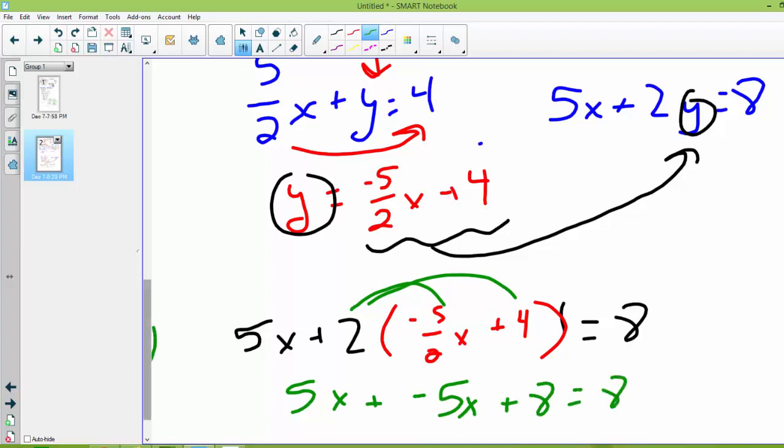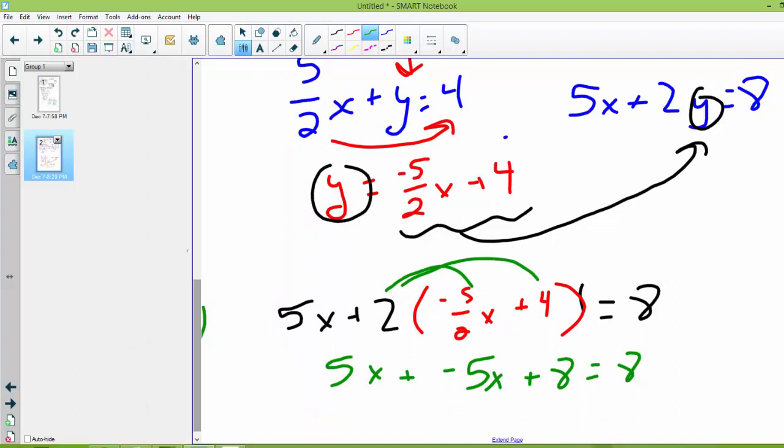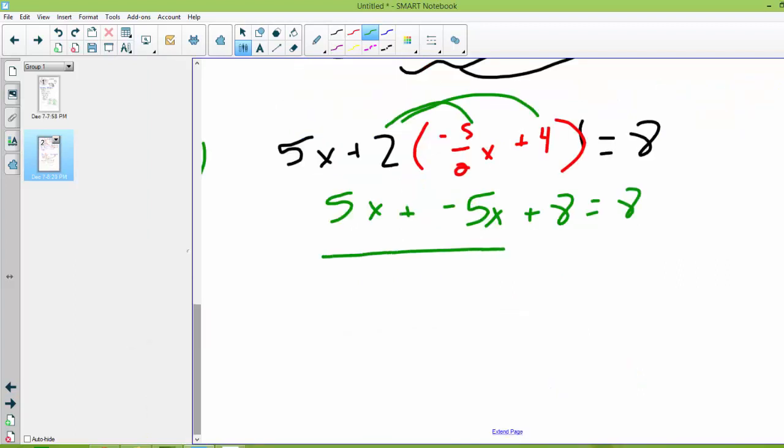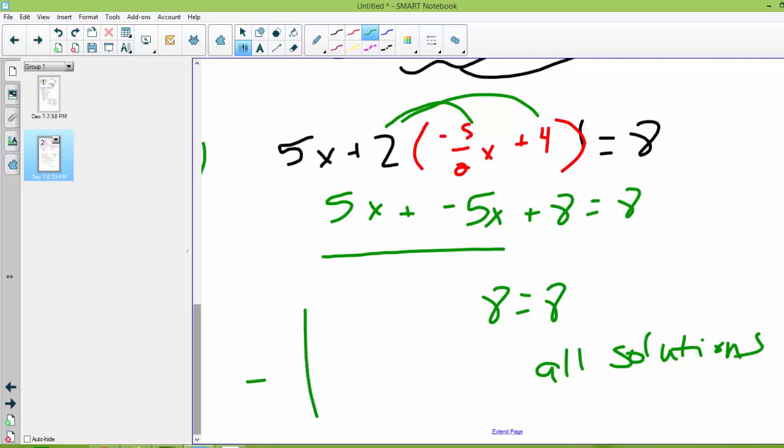All right, when you go to simplify, both of the 5x's cancel and you get 8 equals 8. This time you have all solutions. So what that means is the lines are the exact same line, right on top of each other. Every solution for one is a solution to the other.